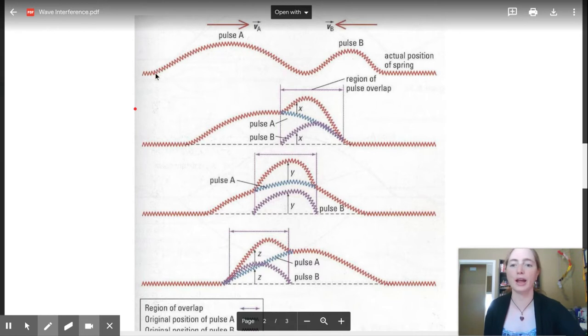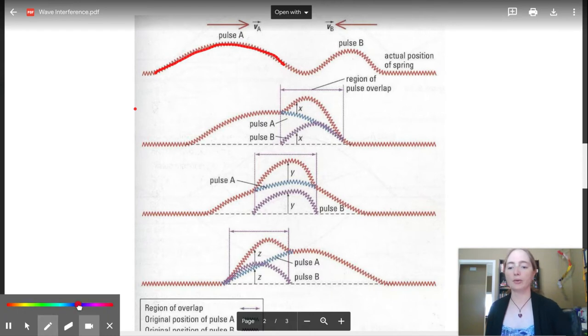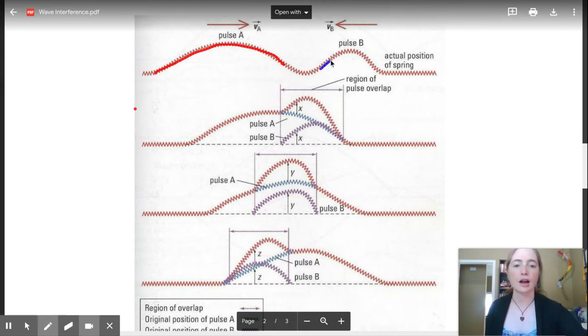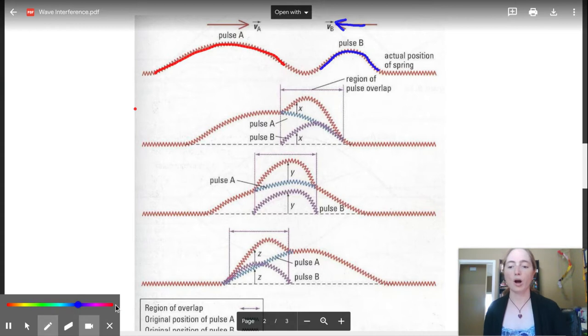We'll call this wave the red wave. And then I will call this guy the blue wave. Very fancy names. So the blue wave is going to be moving this way down the spring, while the red wave is moving this way down the spring.